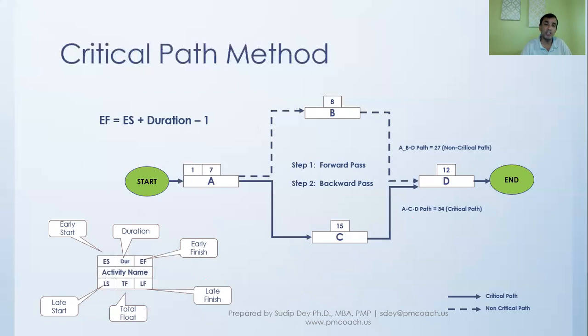So the early start for activity A is 1. We have a duration of 7. Using this particular formula, we calculate the early finish, which in this case is 7. So activity A starts on day 1 and finishes on day 7, because the duration is 7 days.